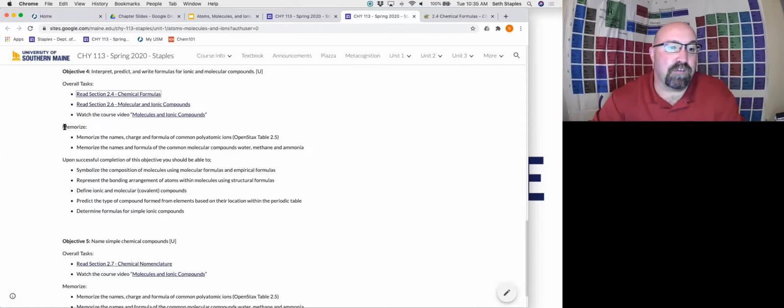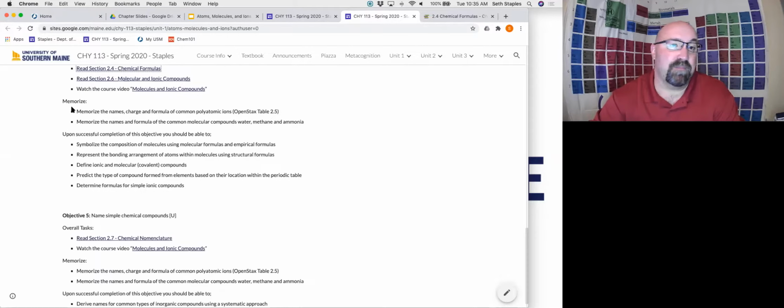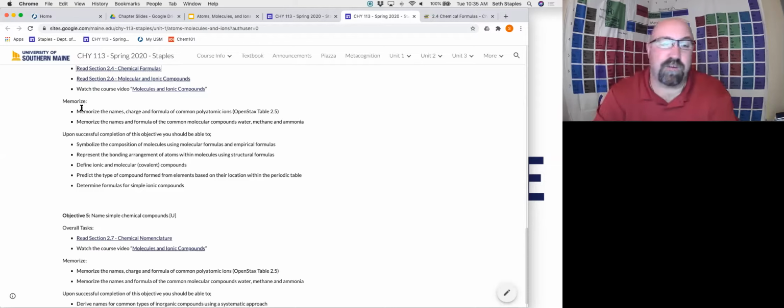Sometimes you'll see things in these unit objectives that you have to memorize. Memorization is just a fact of some of the things that we study in this course. In this unit, you should be memorizing the names, charges, and formulas of all of the common polyatomic ions, and we'll talk about those a little later in the lecture. This gives you an idea of what you should be doing to succeed and master the content in this unit.